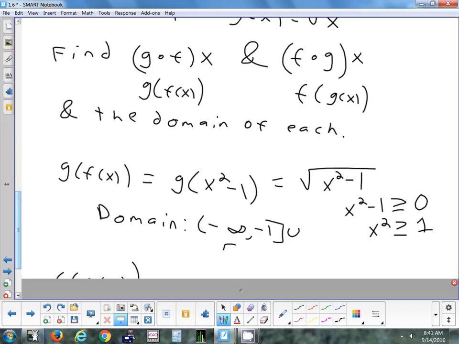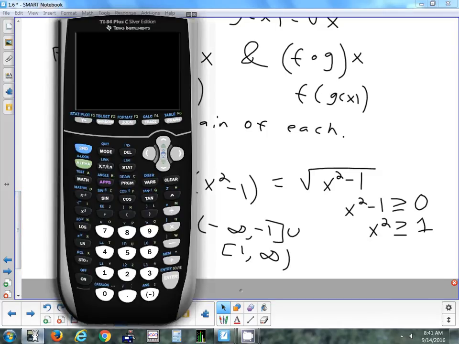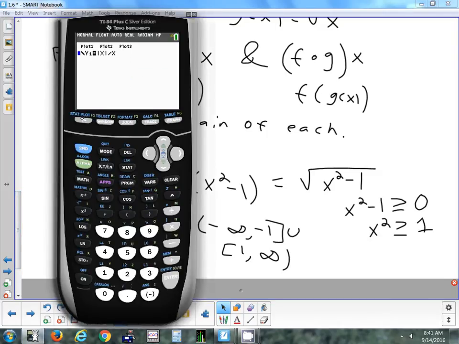Or you can pick any number from 1 to infinity. In other words, do not pick a number between -1 and 1. It won't work. Okay, and we could type that in and you could verify that. So you're going to have a gap on the screen between -1 and 1. There'll be nothing there. Let's just take a look.